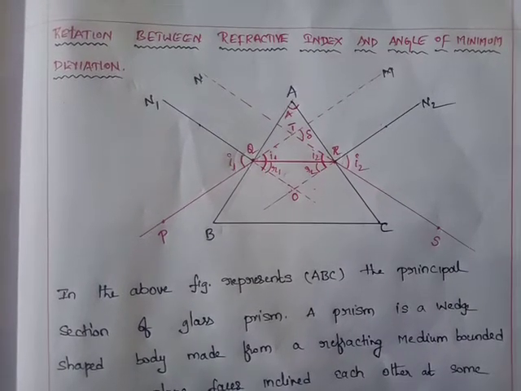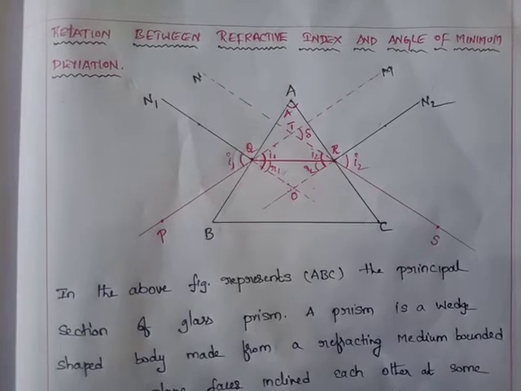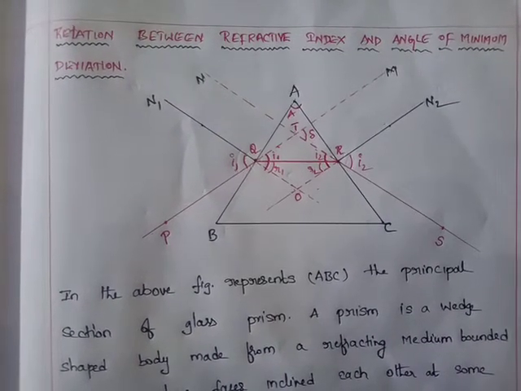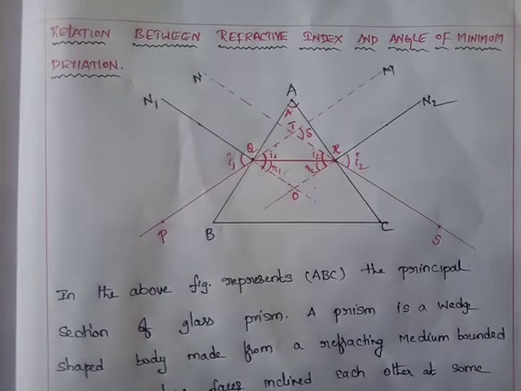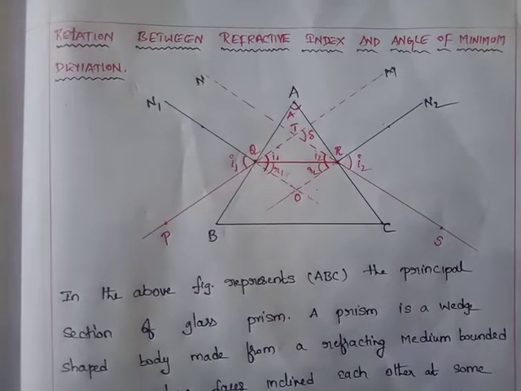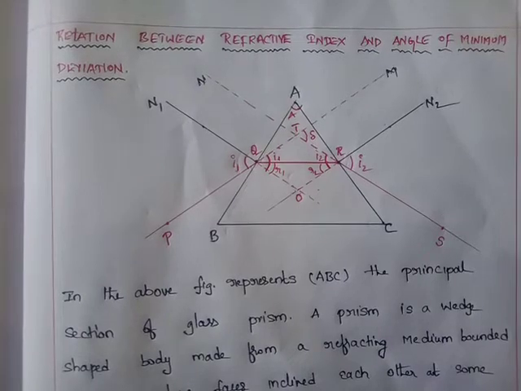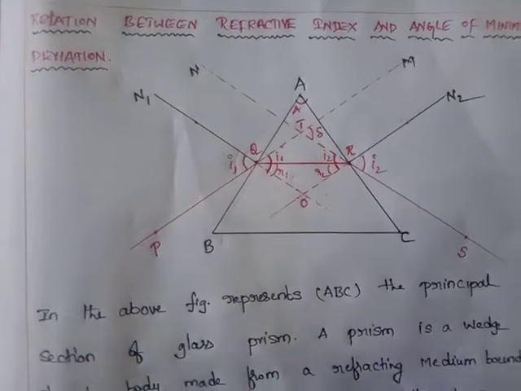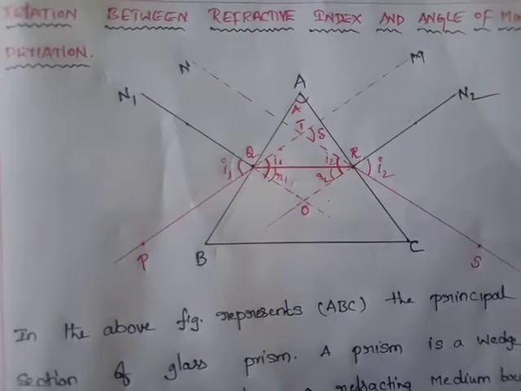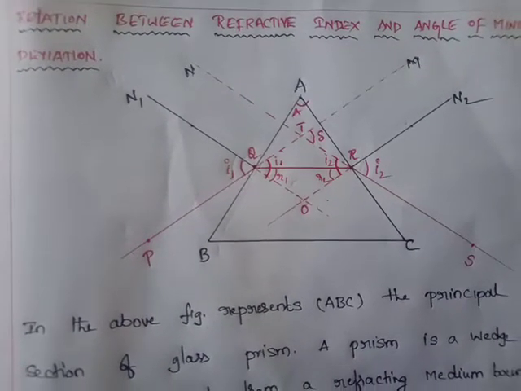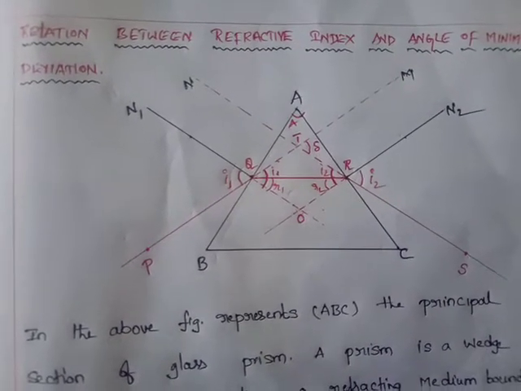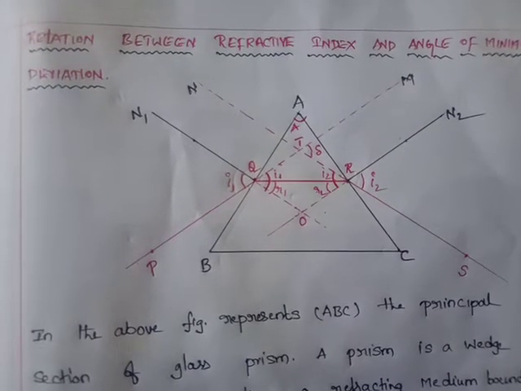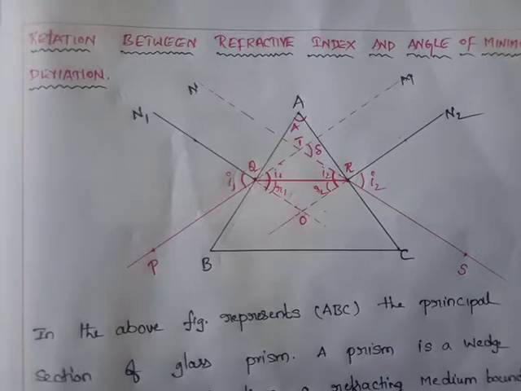Whenever light passes from the air medium to the glass medium, that means rarer to denser medium, and again emerges from denser to rarer medium. See here, PQ is the incident ray and it makes an angle I1.